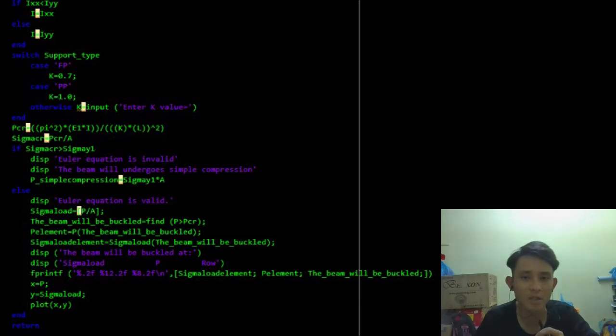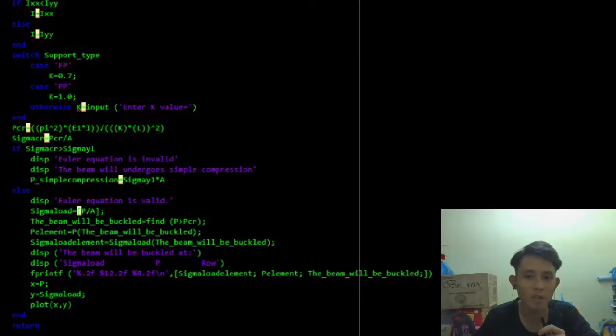Next, the validity of Euler equation is determined after finding the critical stress using the if-else command. If the critical stress is larger than the yield stress, we type the code of displaying that the Euler equation is invalid and calculate for the simple compression.